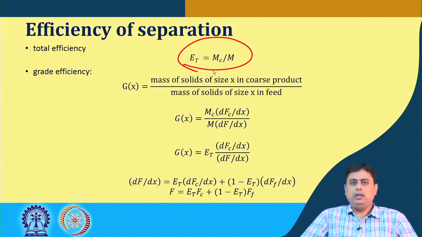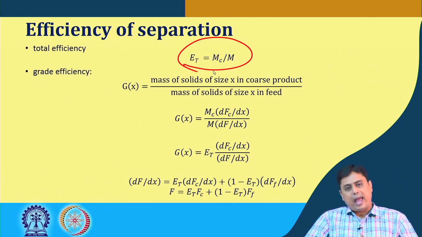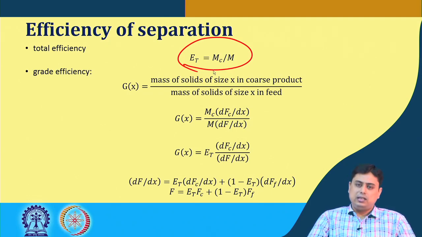So, what does this mean basically? It means that if you fix a particular particle size, say I need 15 micron size particles and above to be removed from this gas stream, then your grade efficiency for that particular size has to be maximum, even if the total efficiency of the system is not near whatever is desired.